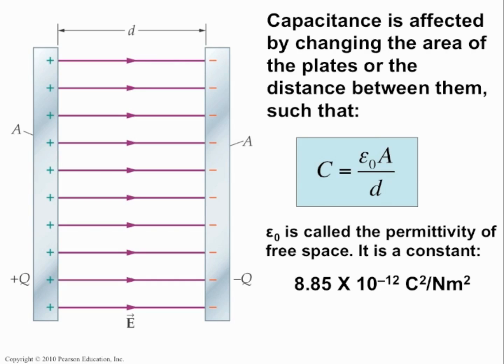Now, what is permittivity? Permittivity comes from the Latin permittere, right? To send through. And so permittivity refers to the ability of a medium to have or facilitate electric fields within it.